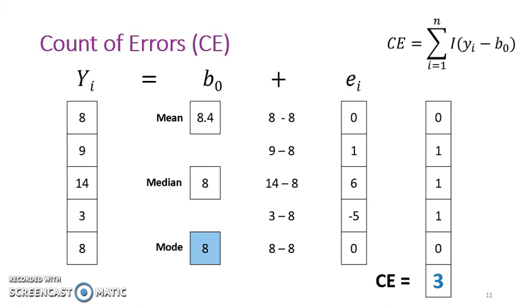The count of errors only counts whether an error occurred. So the count of errors codes the values in the column under E sub I as being 0 or non-zero. So we have calculated these errors here, but then we code them as whether they are 0 or non-zero. Here, 3 out of 5 scores had non-zero error, so the count of errors is 3. You can see that in the column all the way to the right.